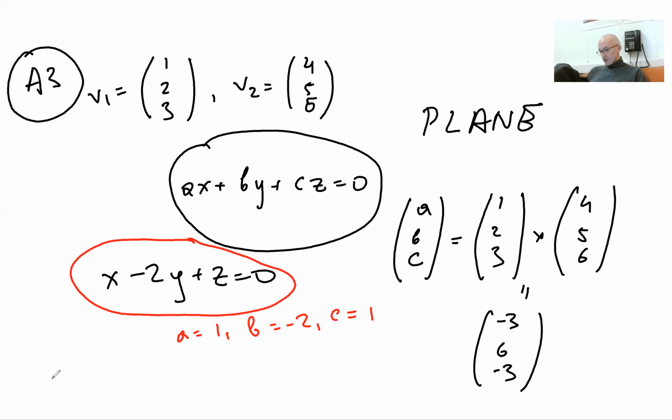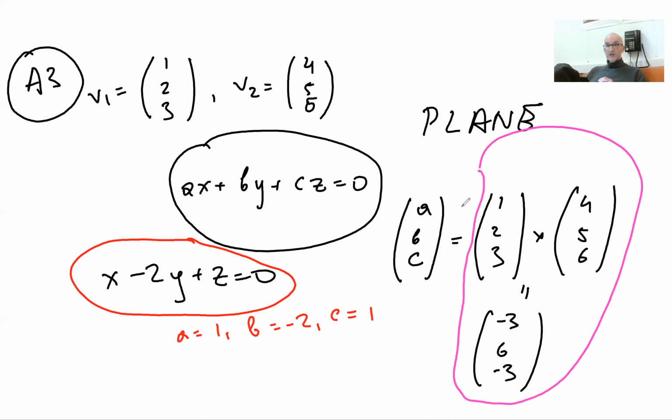The proof is, first of all, since the cross product is not zero, these two vectors v1 and v2 are linearly independent. Because if we have two vectors that are linearly dependent, that means one of them is a scalar multiple of the other.